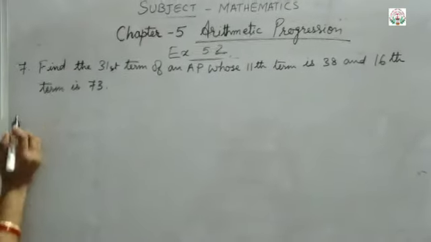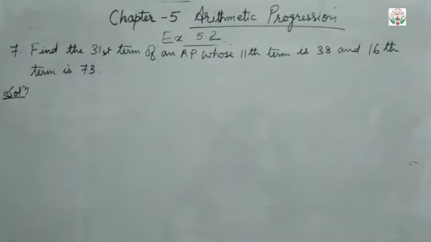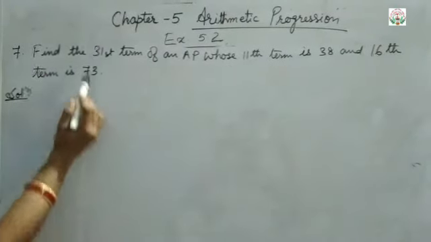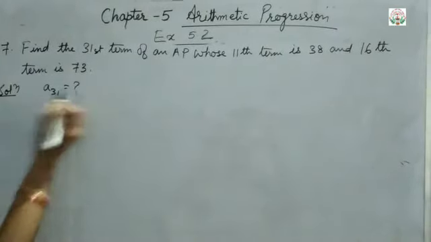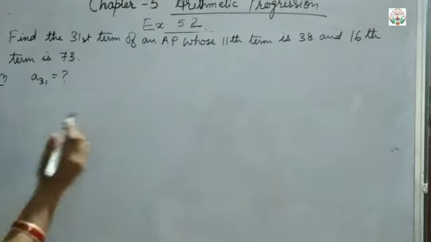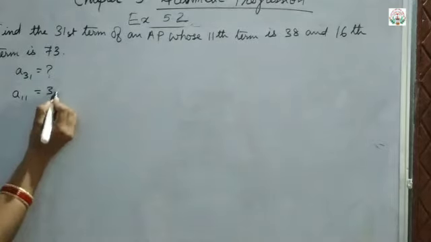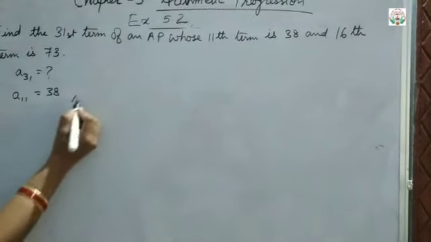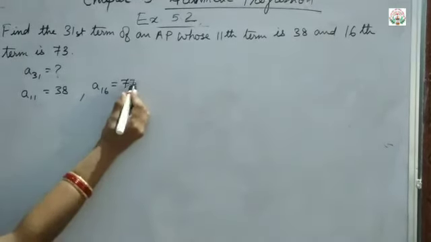Now let us see the seventh question: find the 31st term, means A31 you have to find, of an AP whose 11th term, that means A11, is 38, and 16th term, A16, equals 73.